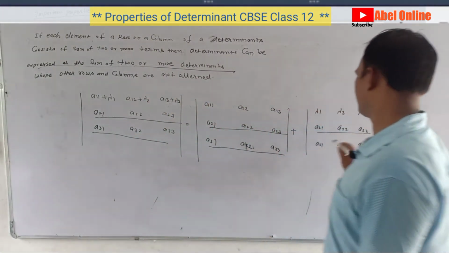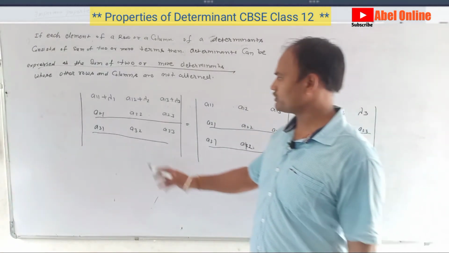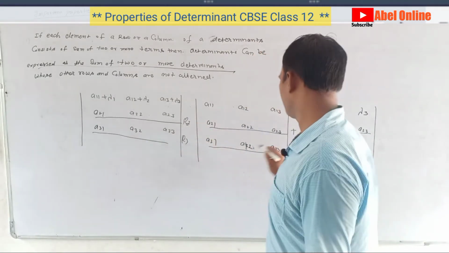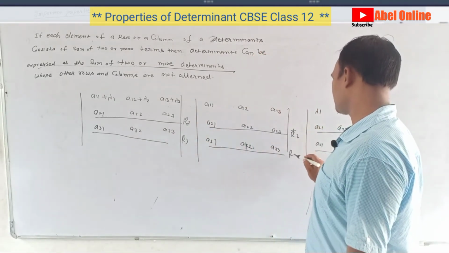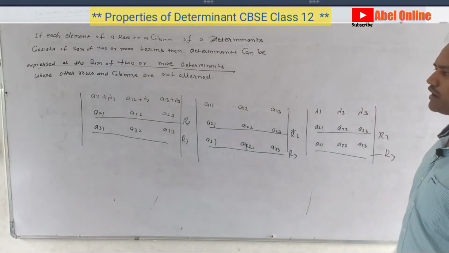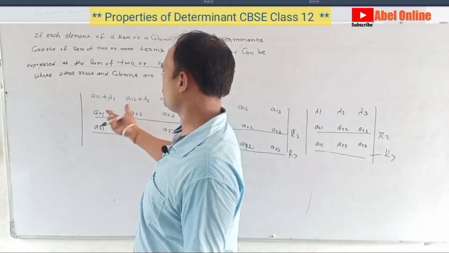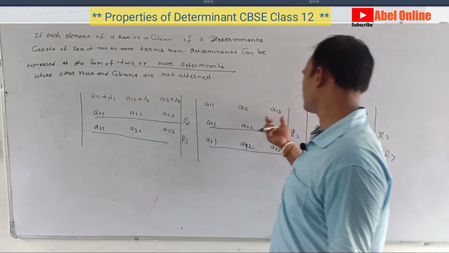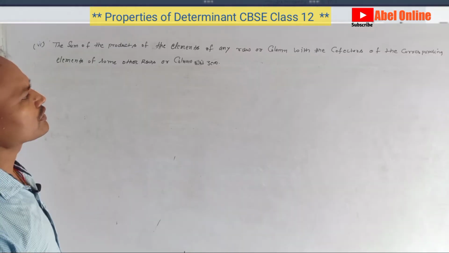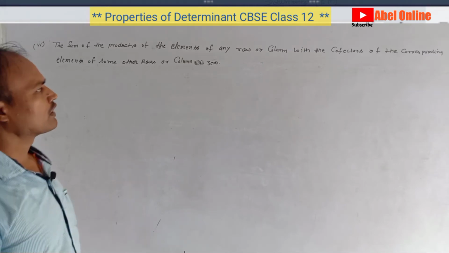You can see here that both rows, R2 and R3, are the same, and we have to convert the first row into two parts: a11, a12, a13 and lambda 1, lambda 2, lambda 3. So the cofactors of the corresponding elements of some other row or column are 0.